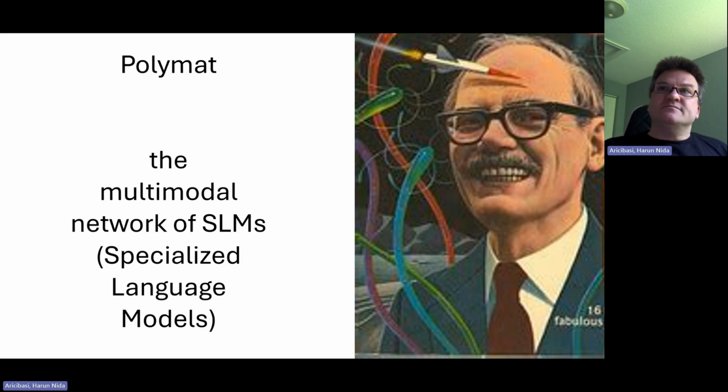It works like this. Today's large language models are called large because they are large compared to what we had 5 years ago. But they are not likely going to stay large in 5 or 10 years.